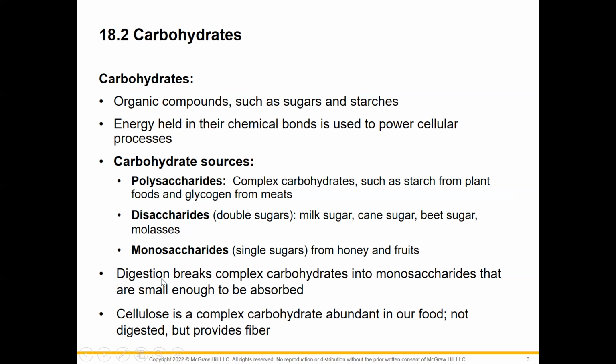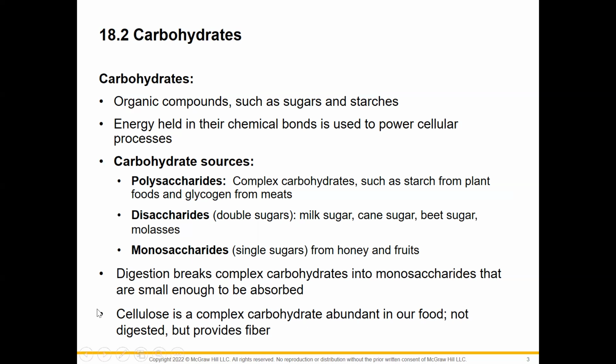Digestion will break down complex carbohydrates, like the glycogen found in the meat you eat or the starch found in the plants you eat, into disaccharides and then into monosaccharides small enough for your body to absorb, and then your body can start to use them to produce energy.